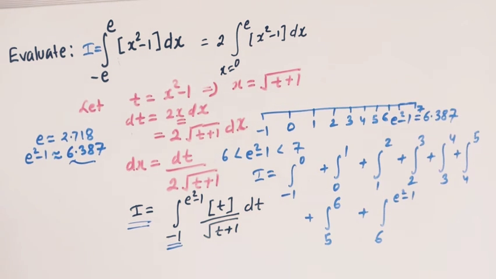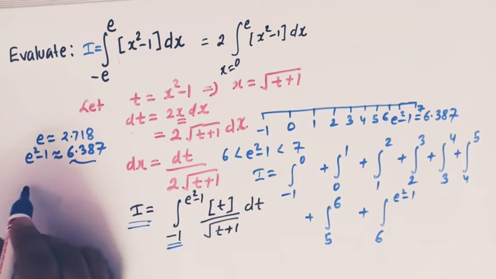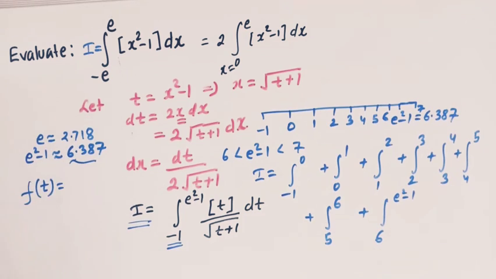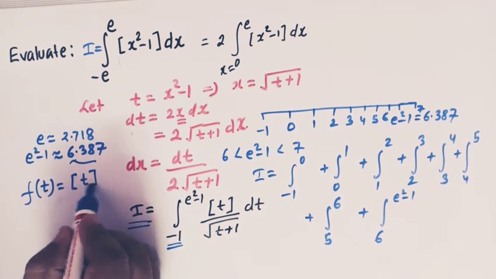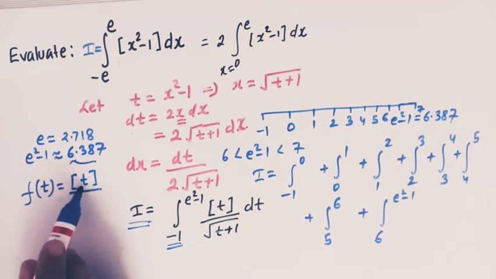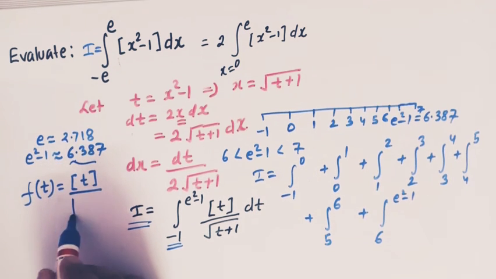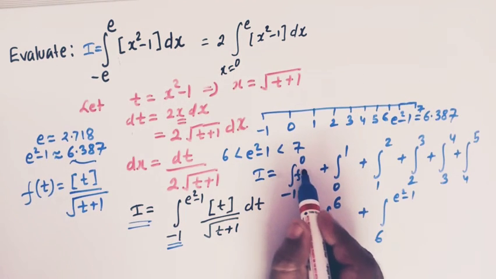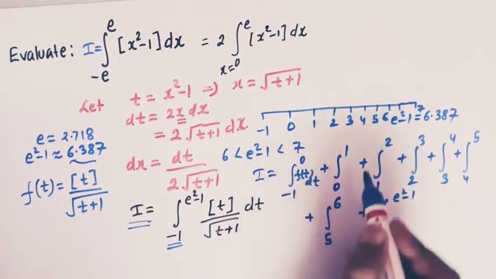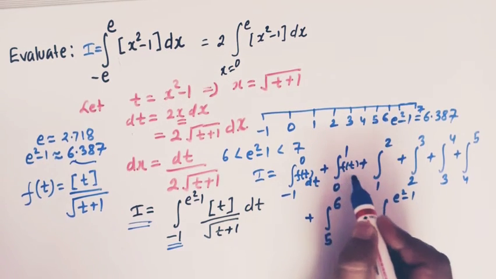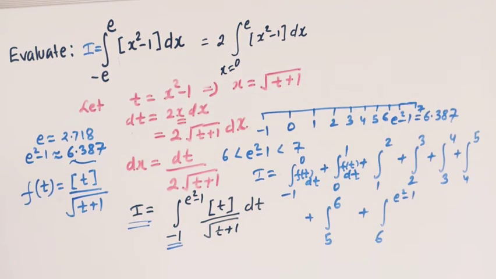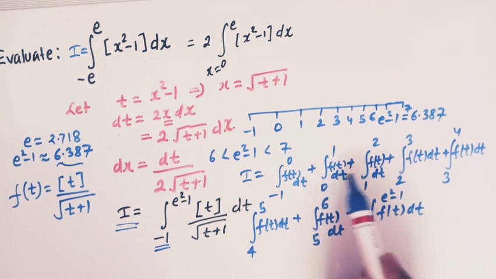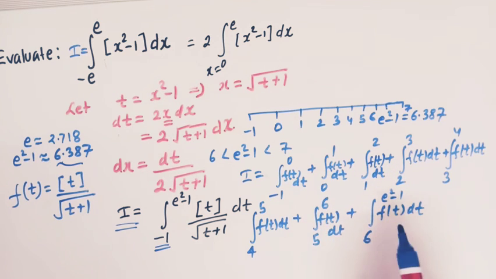So now if we denote this integrand by the function f of t, then f of t is equal to greatest integer t over square root of t plus 1. Here we'll have f of t dt, here also f of t dt. So we have these 8 integrals, 1, 2, 3, 4, 5, 6, 7 and 8.